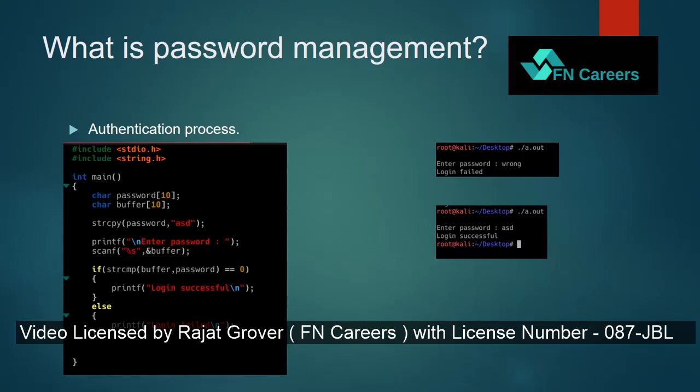So now we are comparing ASD, which is the buffer, and ASD, which is our password right here, and of course it is equal to 0 since they are completely the same, and so we have login successful.